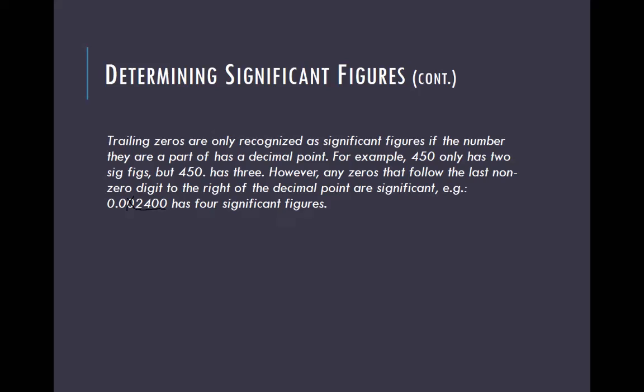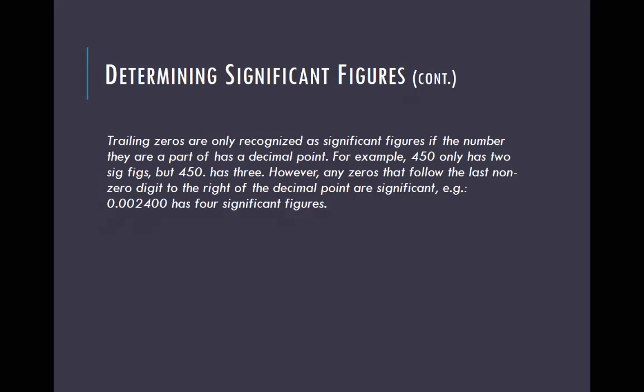These are not; these are placeholders. These two become significant because they are after the 2 and 4, after the decimal. I know it's a little touchy, but you'll get the hang of it. It's just not always easy when you're first reading it. You've got to practice it to get the hang of it.